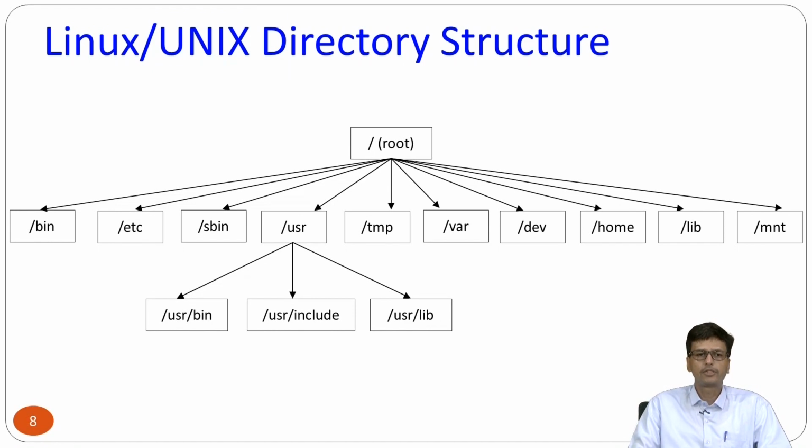Now you can see in the user directory there are again multiple subfolders: bin is there, include is there, library is there. According to which kind of file can be stored in a particular subdirectory, this classification can be done.